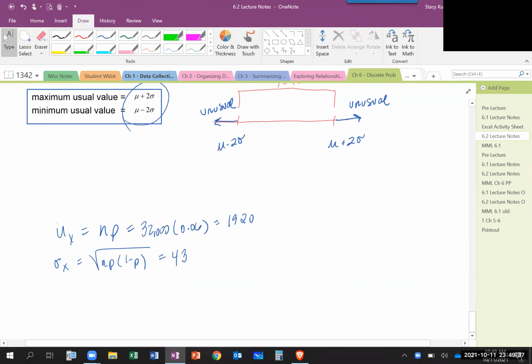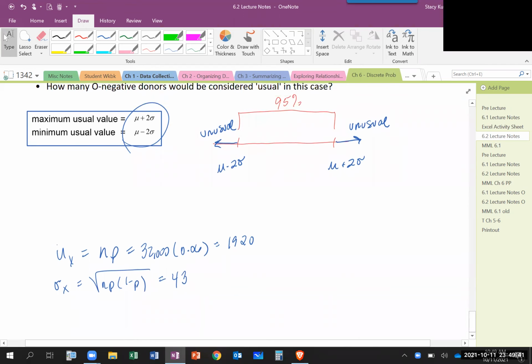So here, I know that I'm looking for a boundary, right? What's the minimum number of people I would expect, and what's the maximum number of people I would expect? It's an interval.